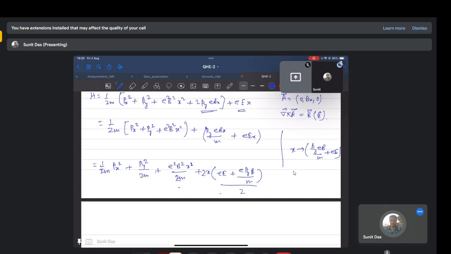So to do now, just a second. So I need to complete this square.